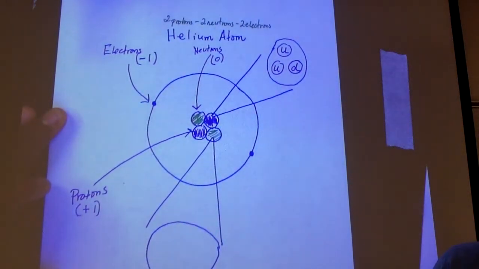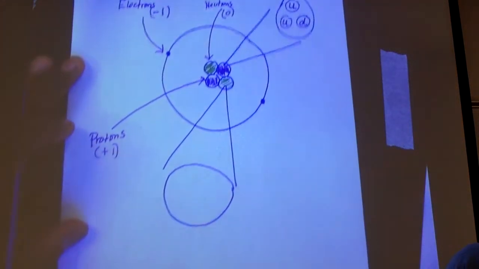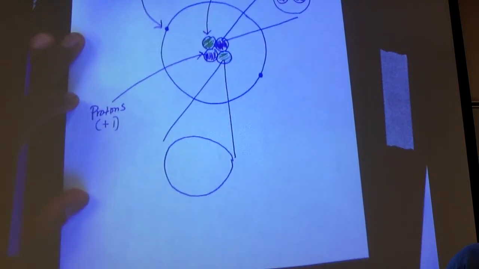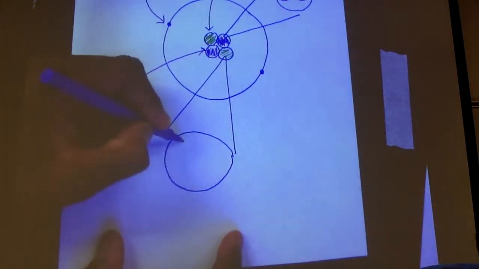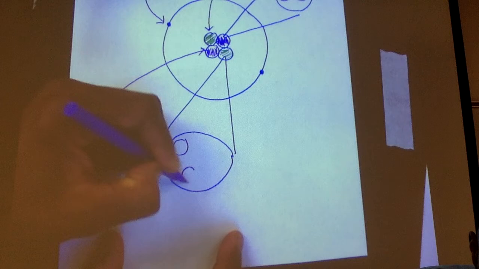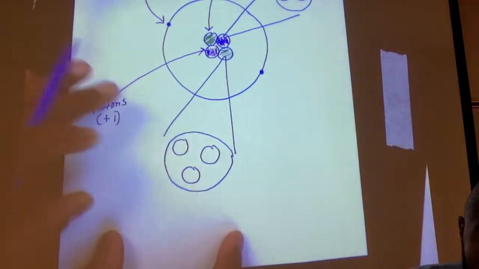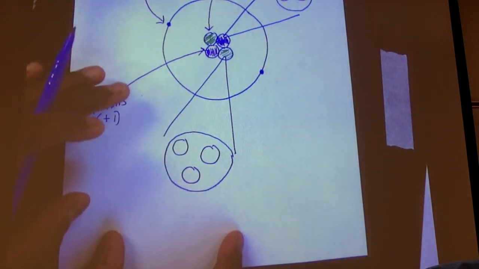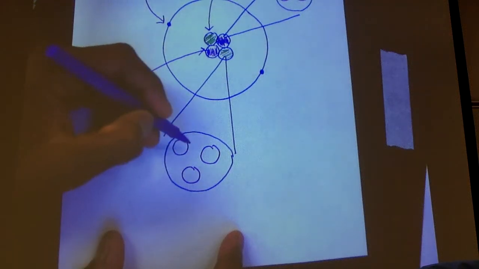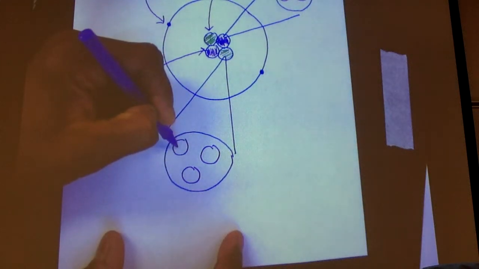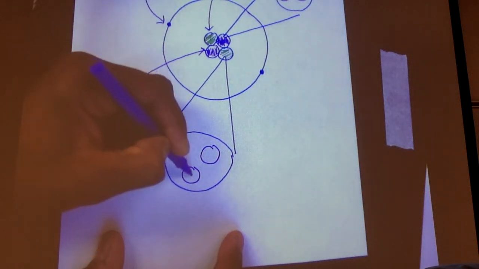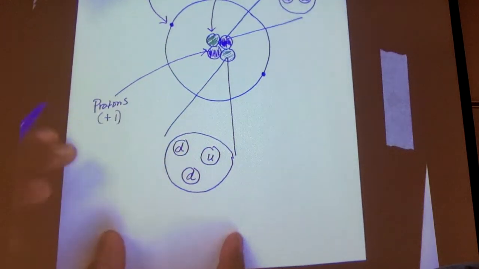Okay? Let's go to the neutron. A neutron should also have 3 quarks. And as far as the configuration, you should have 2 down quarks and 1 up quark.